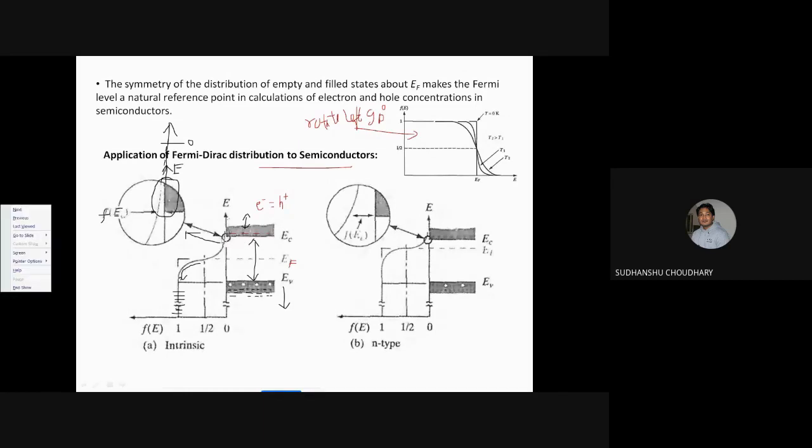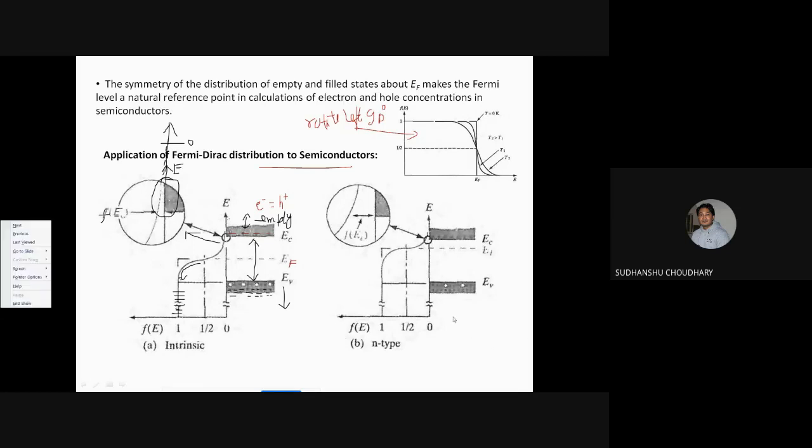So that probability is obviously small, but yes, you have some probability. Maybe 0.1, 0.2 probability is there for finding an electron, and so the electrons will only exist again at the edge, okay? Not above, in the conduction band. That is at higher energies. So these are empty states at higher energies.